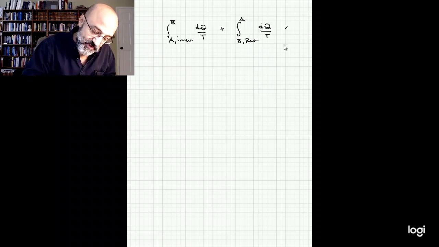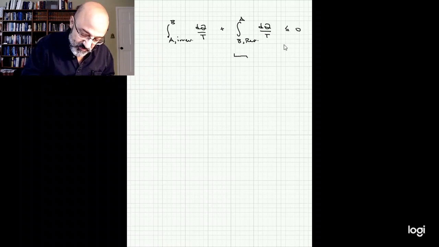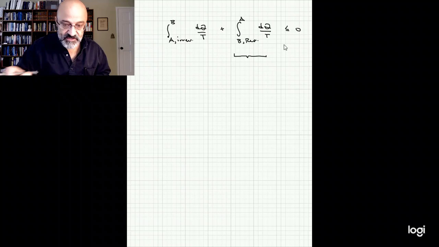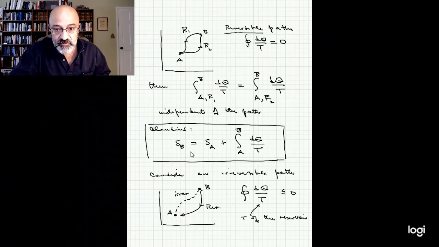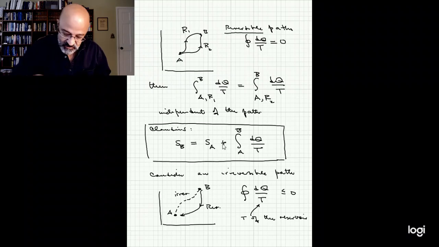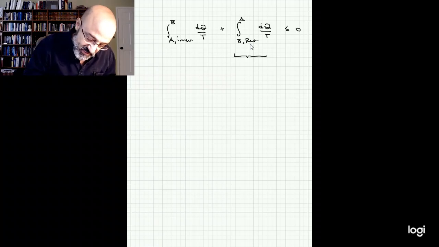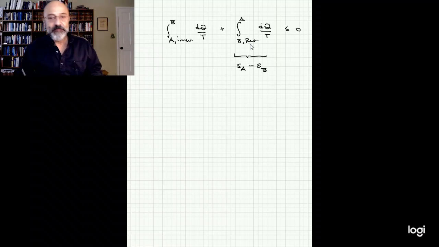And this is supposed to be negative. Now, from what we saw before, that piece from A to B is S_B minus S_A, when you go from A to B. In this case, we have B to A, so this is S_A minus S_B.